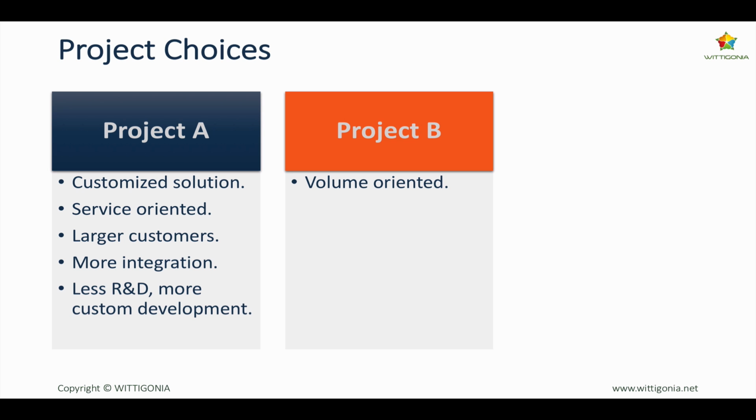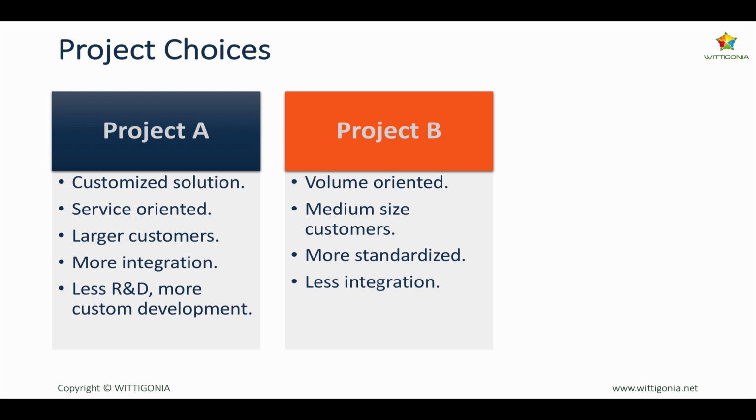Project B, on the other hand, might be volume oriented, and you might want to sell that to medium-sized customers who do not require so many specific integrations or customizations. So in other words, it's more standardized, less integration, but on the other hand, you need to invest more in R&D and less in custom development.